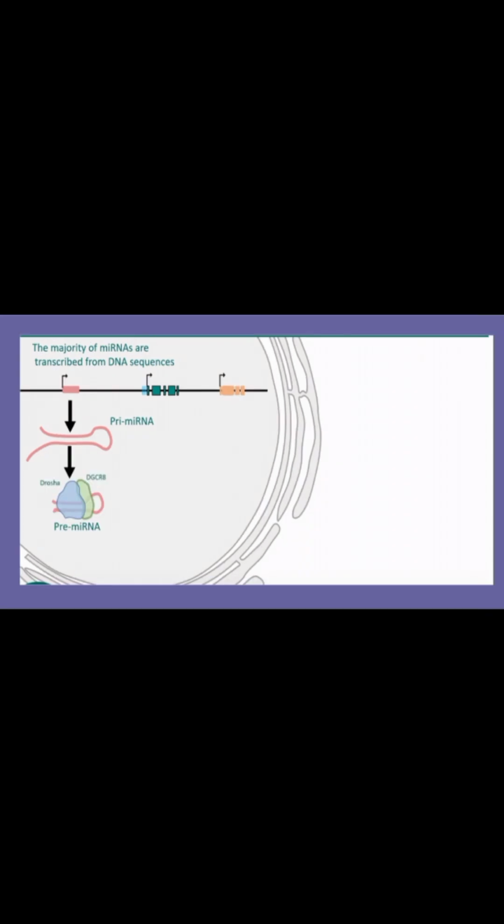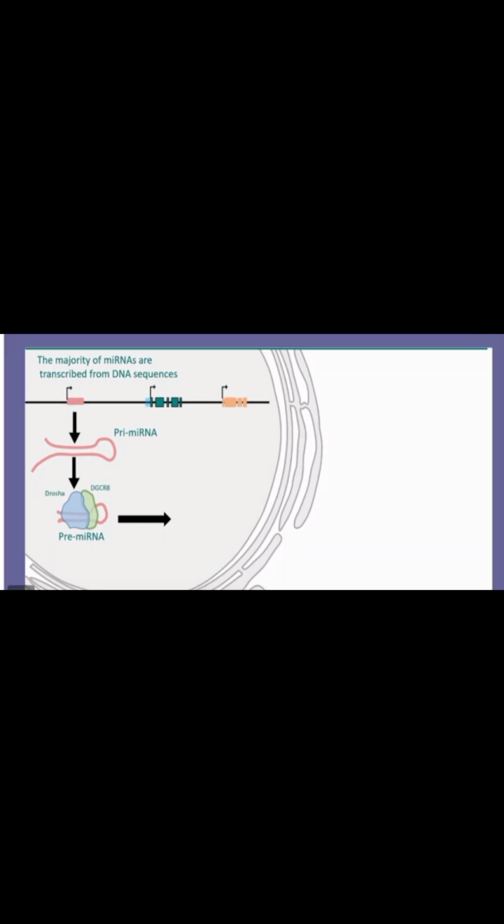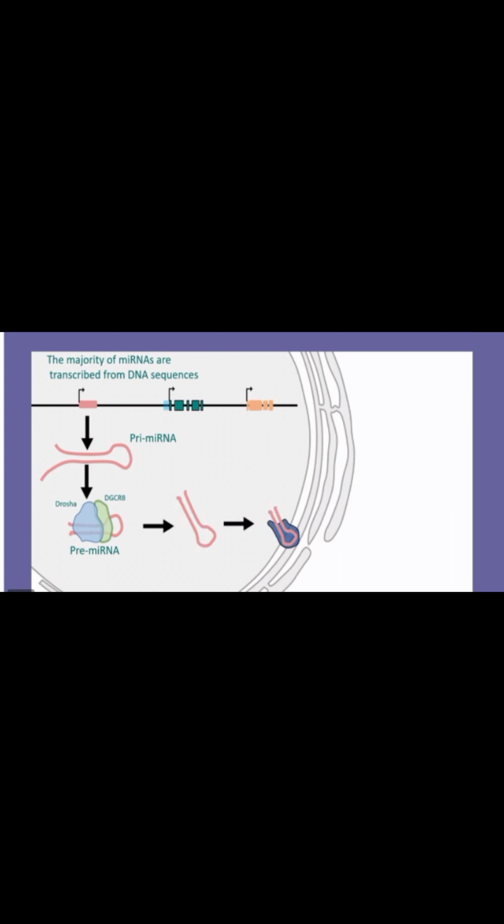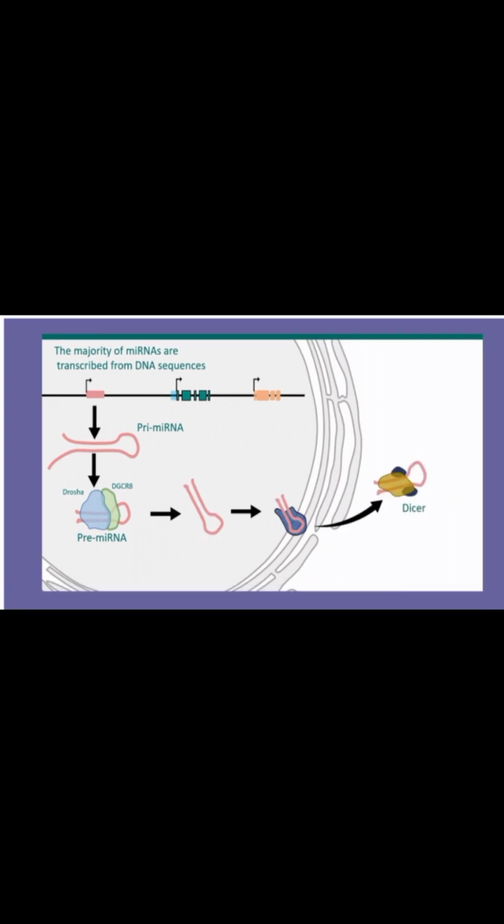This primary microRNA transcript gets further processed with the help of the enzyme DROSHA and DGCR8, or PASHA. So the pre-microRNA transcript gets further trimmed. Eventually, this pre-microRNA transcript moves out of the nucleus with the help of the exportin 5 complex, as shown here.